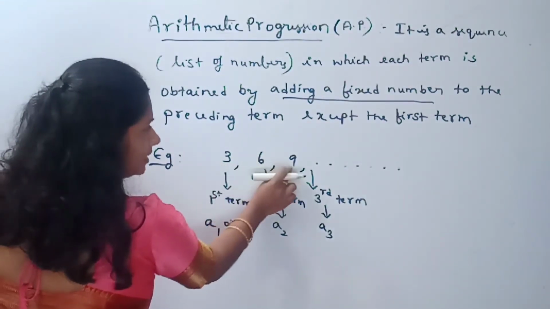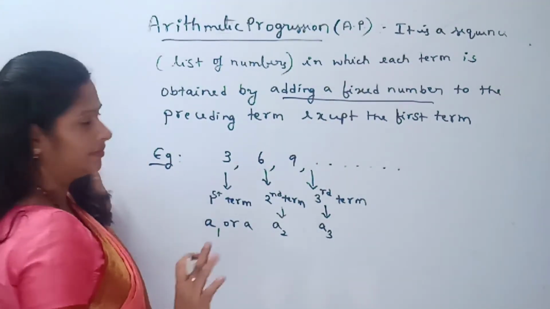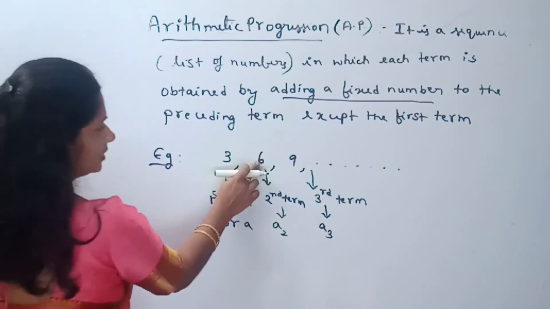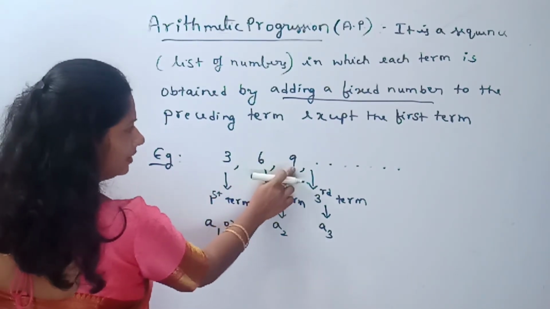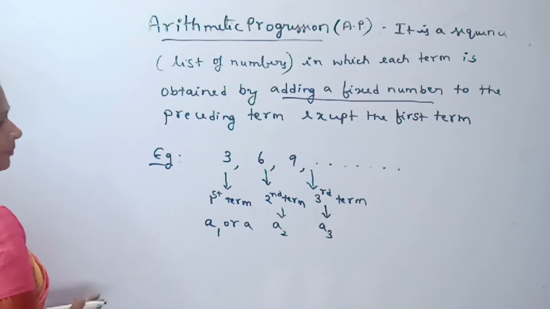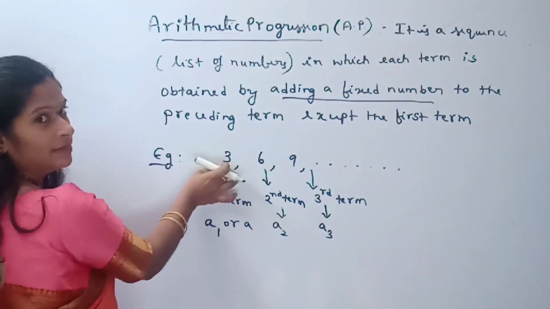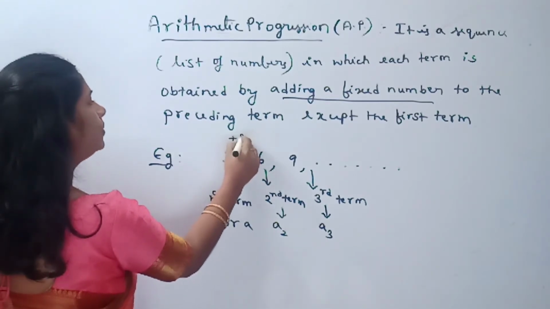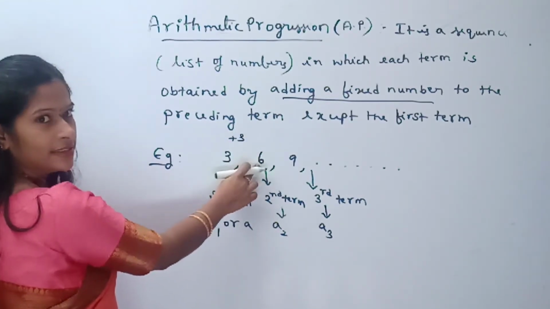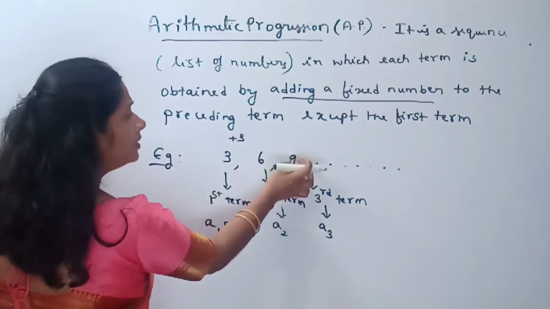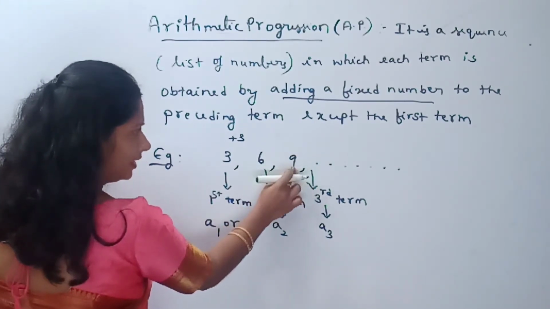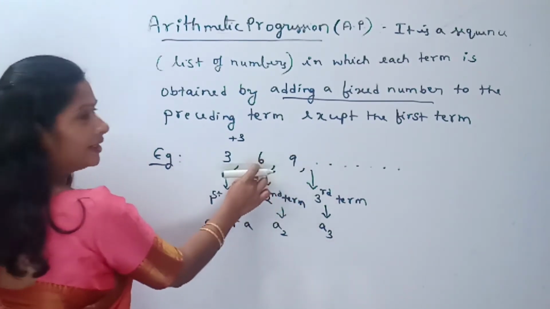Each number in the list is called a term. 3 is the first term, 6 is the second term, and 9 is the third term, and so on. Now, how do I get the second term from the first term? If I add 3 to 3, I'll get 6. Next, take the third term, 9. How will I get 9 from the second term?